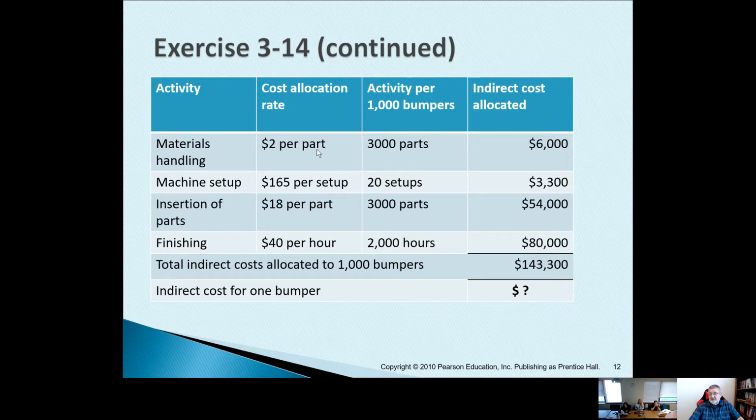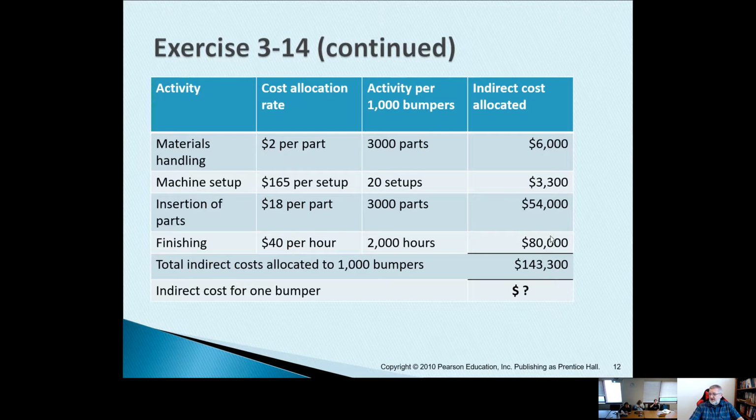And we had 6,000 divided by 3,000 parts. Our allocation rate was 2. So it looks like you guys did all your math right. Yay! Okay.